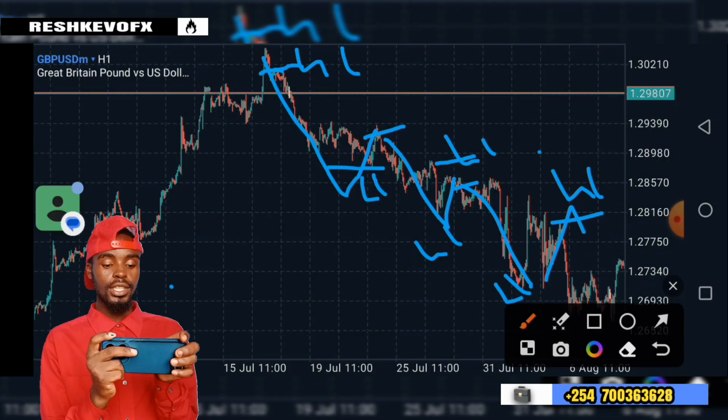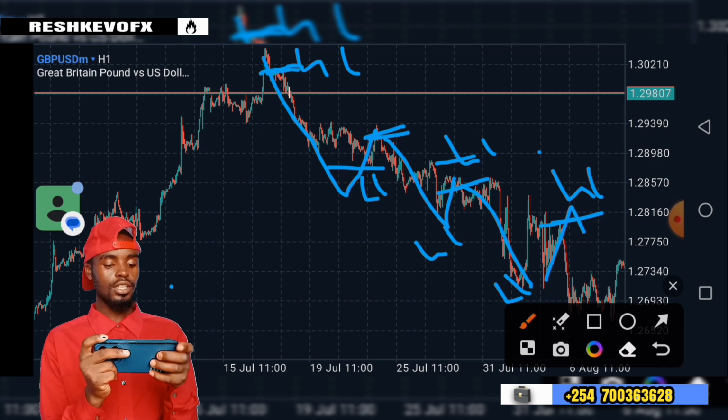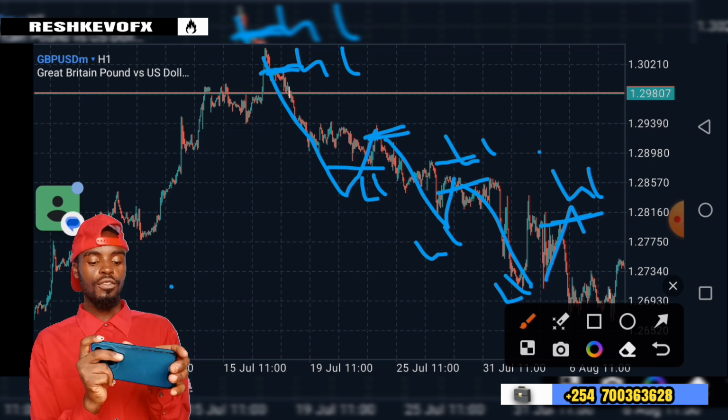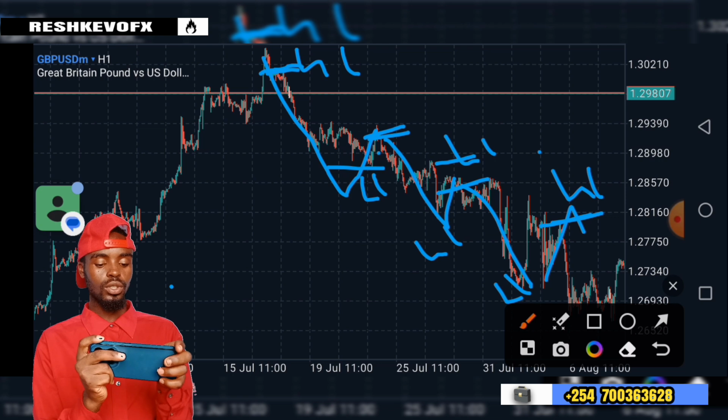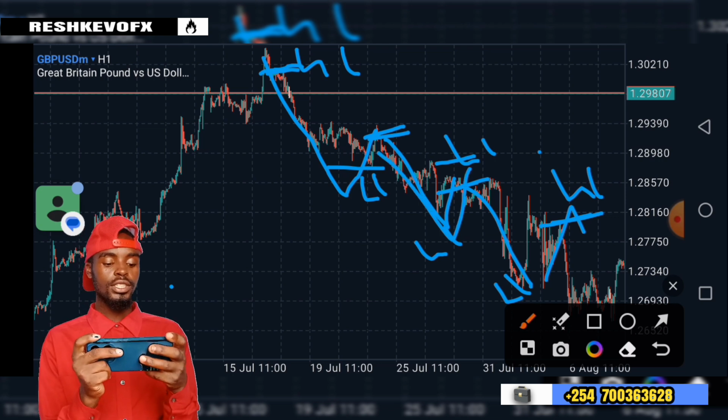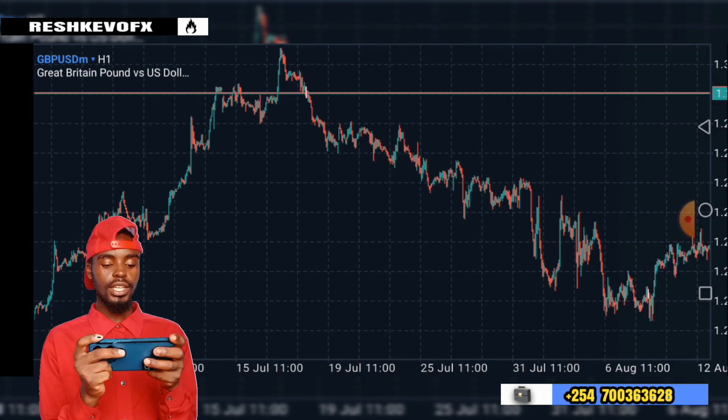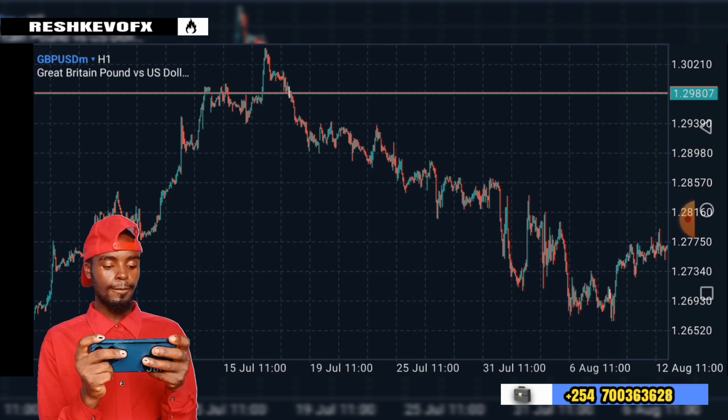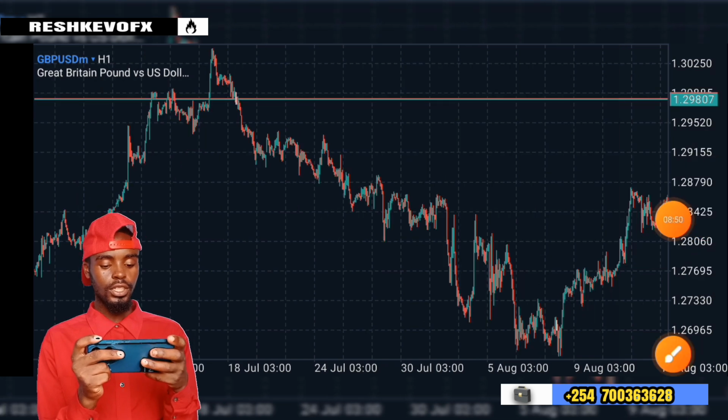We are saying that these levels are amazing, that whenever there is a correction in a trend, we take it. Let's say an example. You have opened your trade.